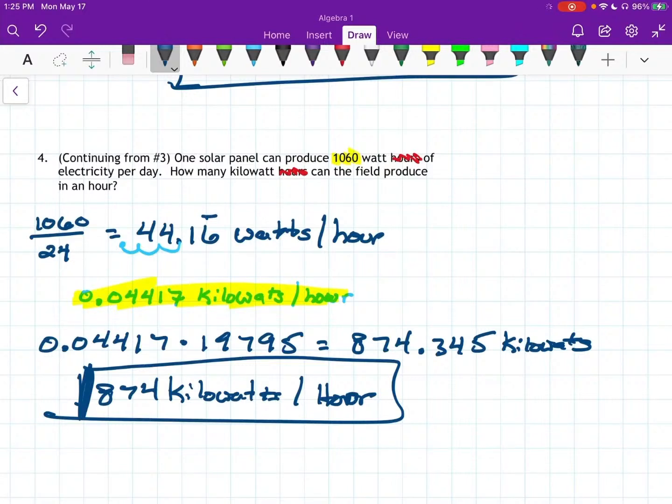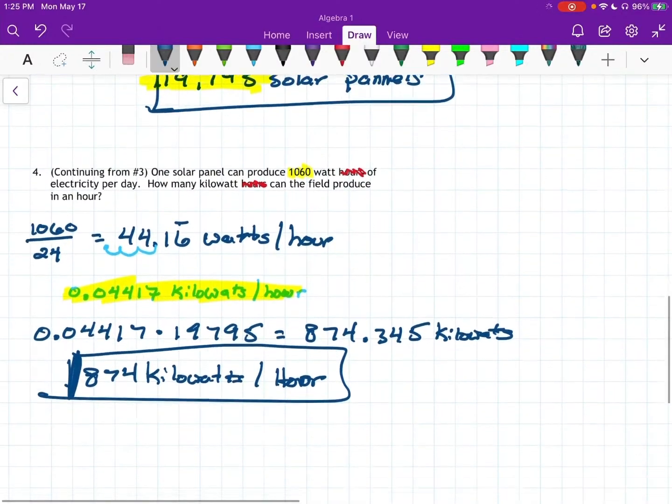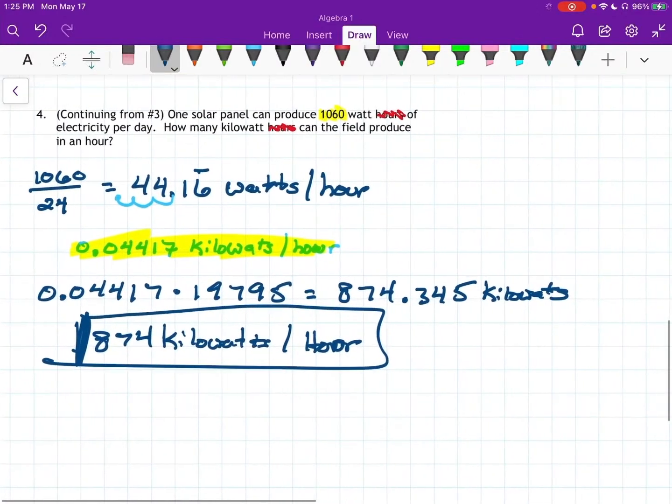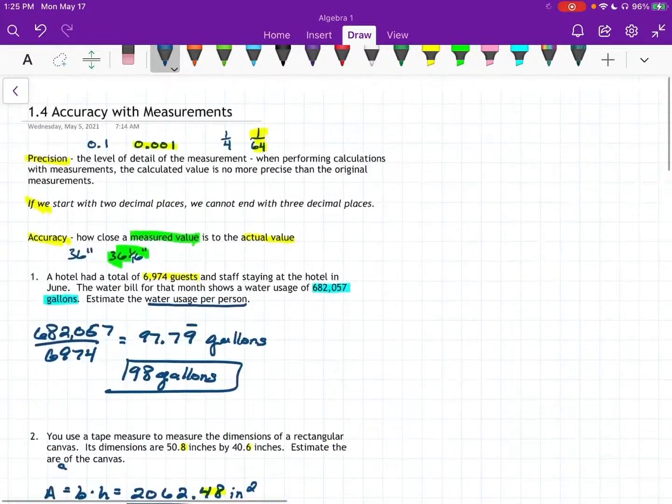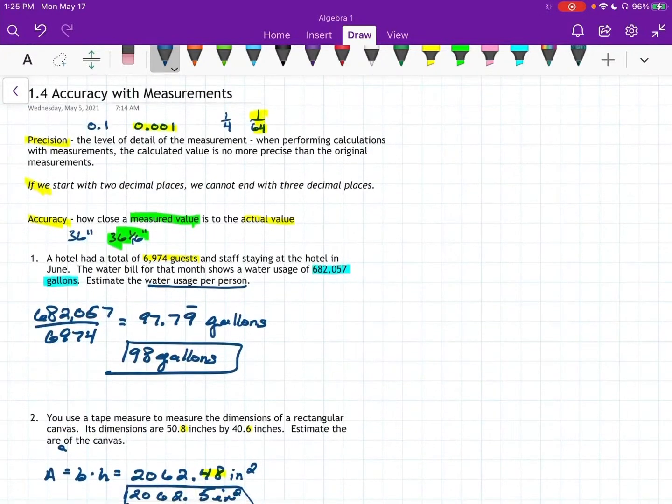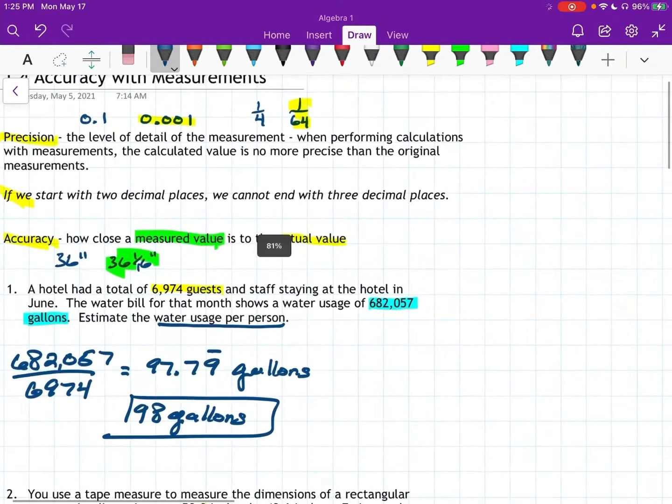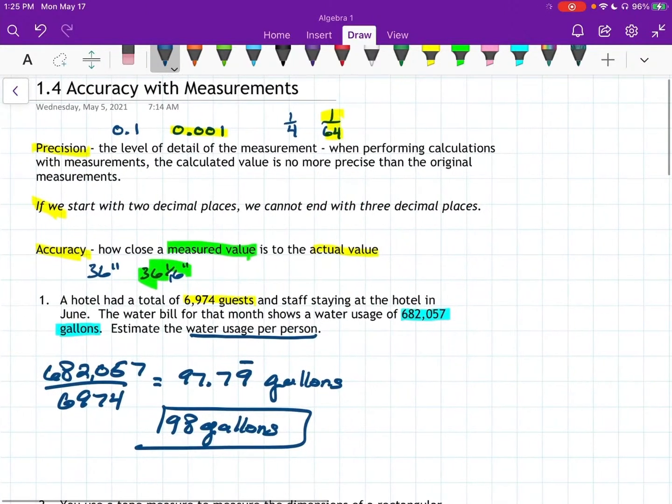And I believe there is a problem similar to this on the homework. I think it might even use some of these same numbers, so make sure that you have that. Now, just to remind us, we're talking about precision and accuracy. A lot of the time, precision and accuracy is kind of muddled in with the terms estimate or round, and a lot of times I use those words, but they're a little bit different.